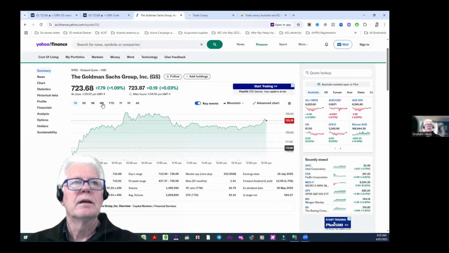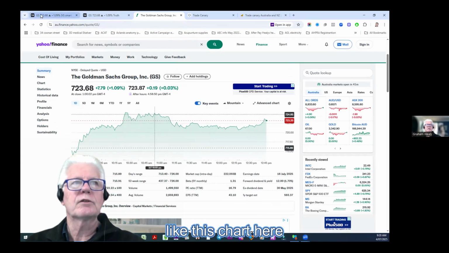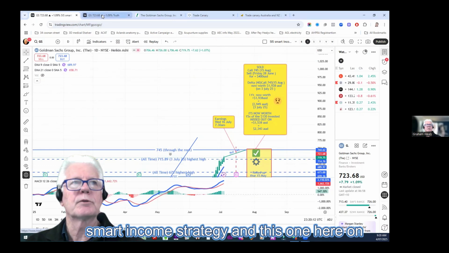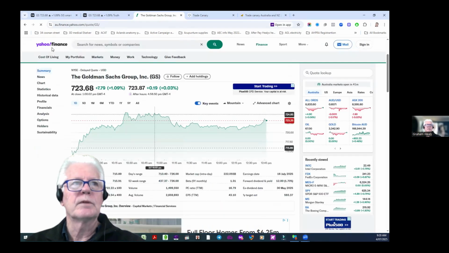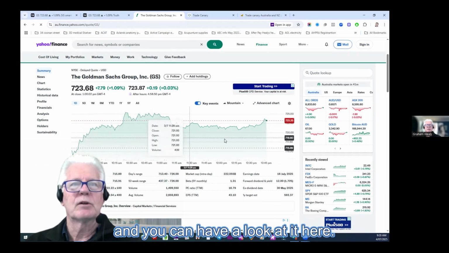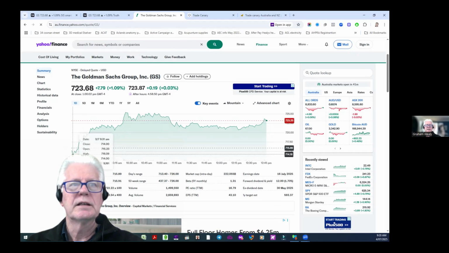Now, straight away you go to Goldman Sachs. These other charts are represented more simply, like this chart here on the smart income strategy, and this one here on the truth strategy. You go to Yahoo Finance. They have just a simple version, and you can have a look at it here. I've got 1 day. This is what's happened today with Goldman Sachs.